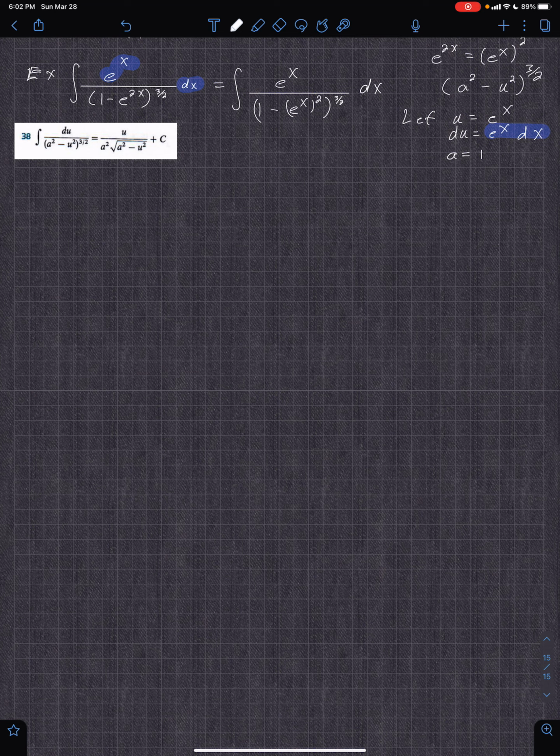And so if we apply that formula directly, we're going to get basically all of that. It is the exact form we want. So u is e to the x. A squared is 1, and then it's the square root of 1 minus u squared, which is e to the 2x, plus c.